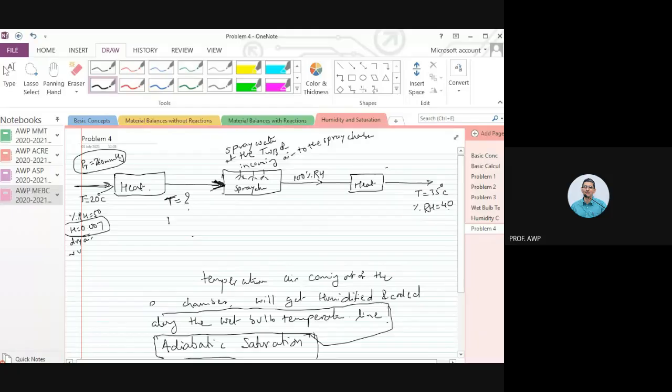I would like you to find out this wet bulb temperature, and we are going to spray water at the same wet bulb temperature. I would like you to find out the temperature here. It is obviously going to have the same wet bulb temperature. It is going to cool along the wet bulb temperature line. And I would like you to find out the humidities at all these places, percent RH as well. Okay, is that clear?